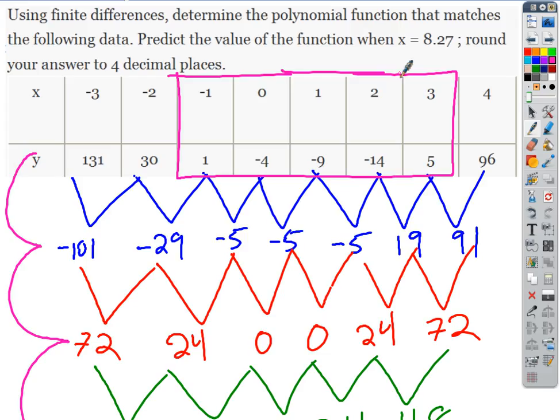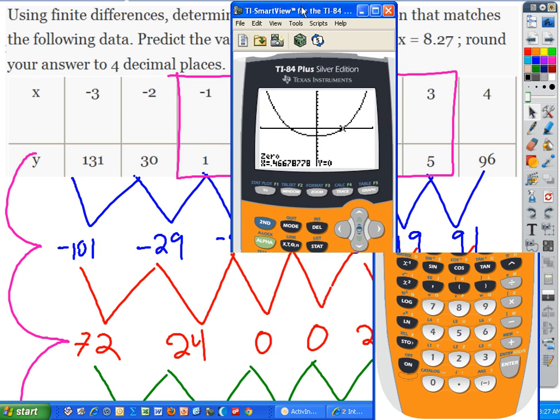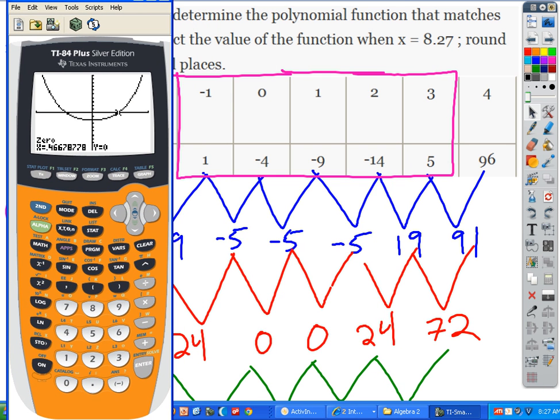So when we do our regression here, let's make sure we store it as a y variable. Store it as y1 so we can graph this thing and then plug in 8.27, right? Okay, so let's go in and go stat, edit. We got to put in these 5 ordered pairs. So the x values just go from -1 to 3 in order.